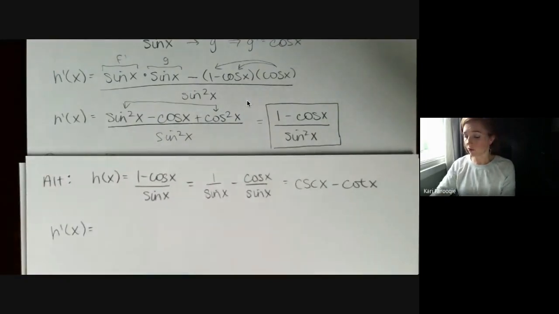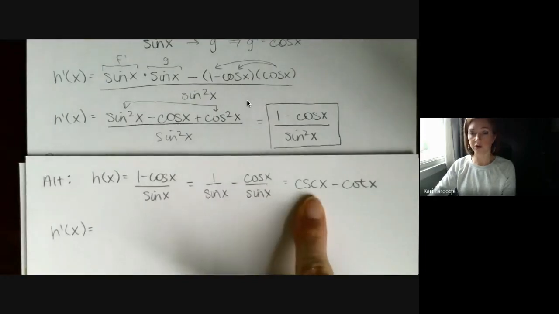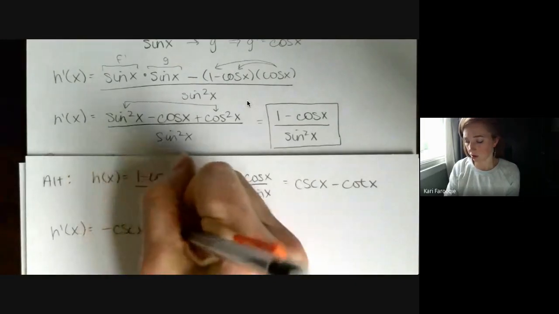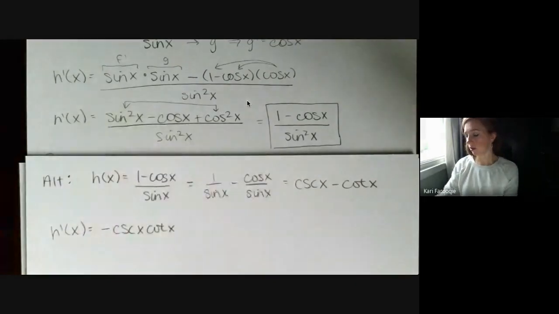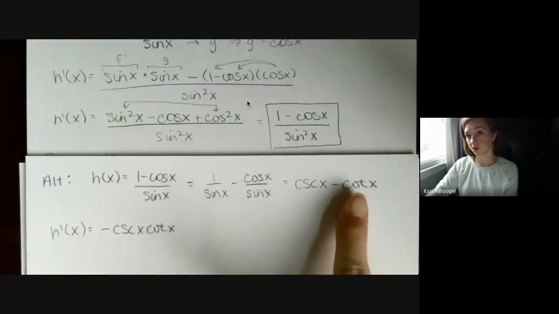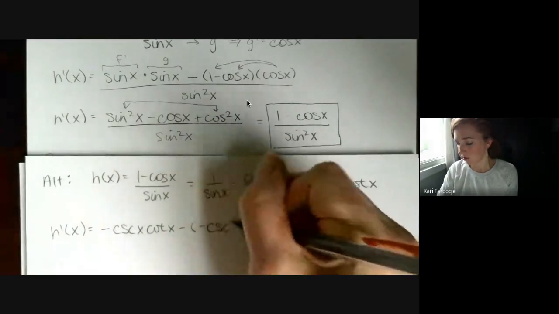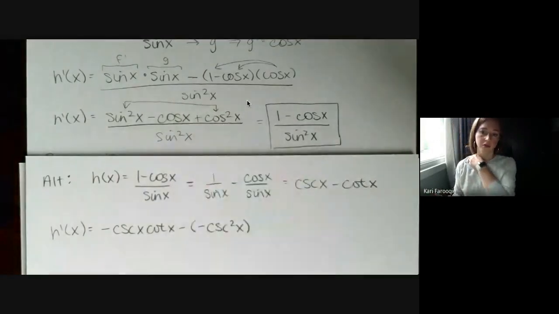The derivative of the cosecant, well, if you know the derivative of secant is secant tangent, the derivative of cosecant is negative cosecant cotangent. And then the derivative of cotangent, well, if you know the derivative of tangent is secant squared, then you'll have negative cosecant squared of x.